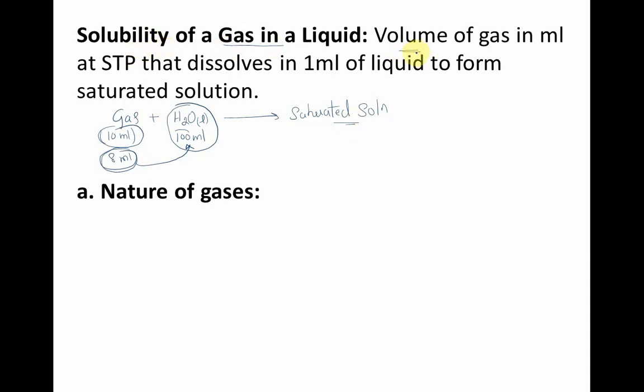So what is meant by solubility of gas in liquid? Volume of gas in milliliters at STP which is dissolved in 1 ml of liquid to form a saturated solution, not 100 ml, sorry, this is 1 ml, is called solubility of gas in liquid. Coming to nature of gases, that is solute.